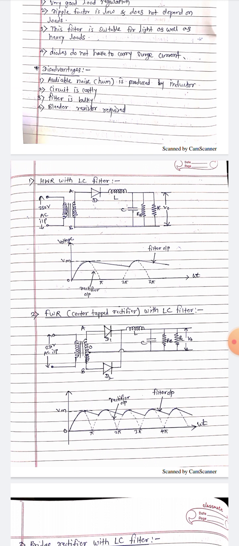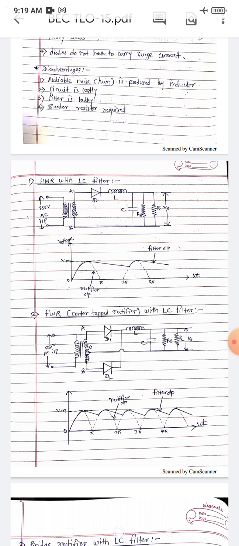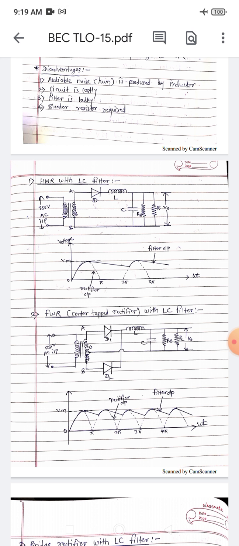The bleeder resistor and load resistor are also connected in parallel with the capacitor. The bleeder resistor is used to maintain the continuous current flowing through the inductor. Also it protects the diode from damage by surge current. So the bleeder resistor is very important in the circuit. The load resistor is used to take the voltage and current readings across the output of the rectifier and filter.